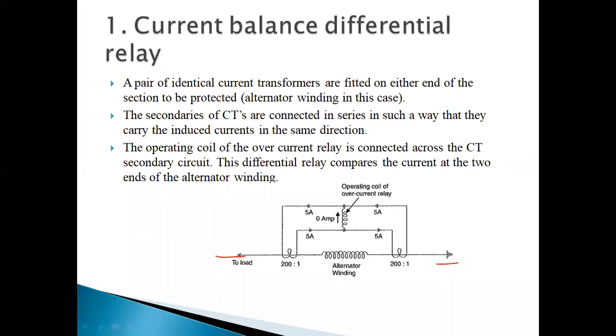So here we are considering two current transformers, meaning the secondary sides of the current transformers are considered here. Here the secondary side current is 1 ampere suppose.